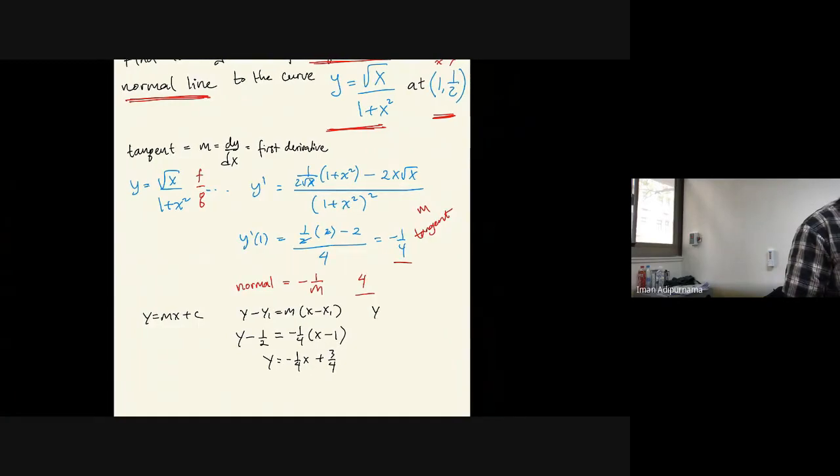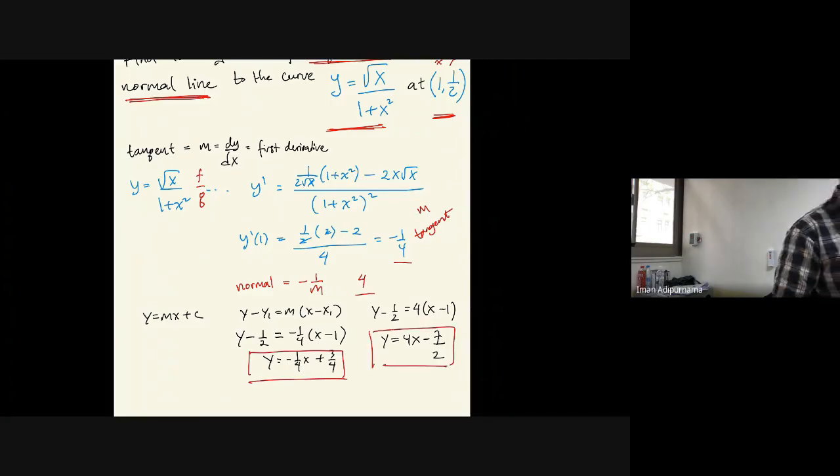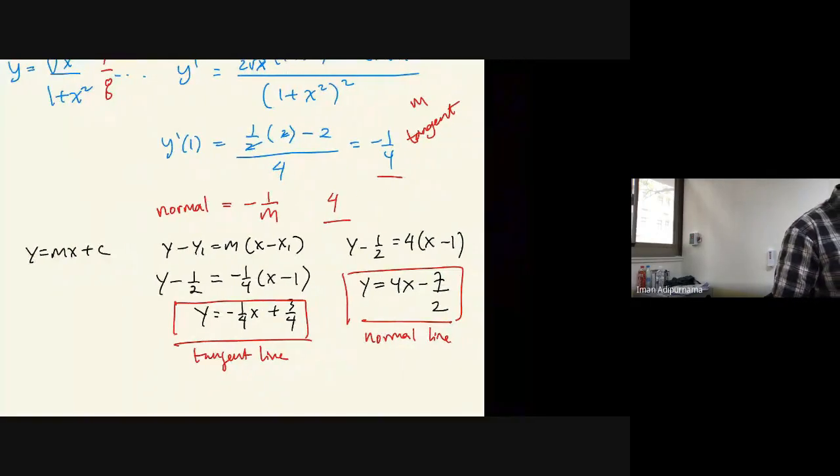And then the other one, and this is the line that you want to find. Okay. This is the tangent line. This is the normal line. Okay.